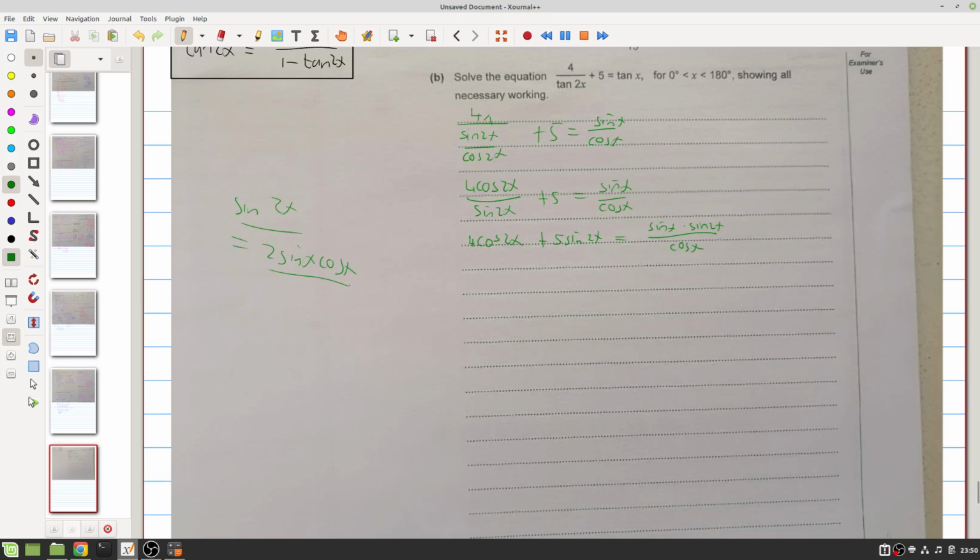That's the double angle formula that we know. Okay, so when we keep the 4 cos 2x plus 5 times 2 sin x cos x equals, and then at the top we've got sin x, and then we've got 2 sin x cos x over cos x.